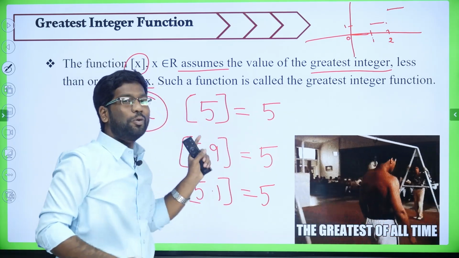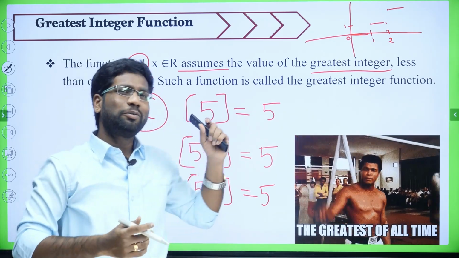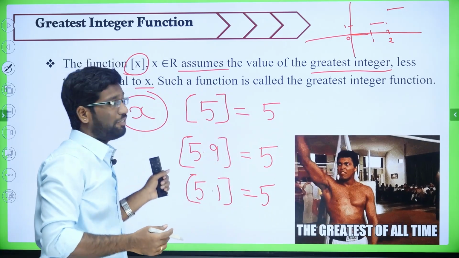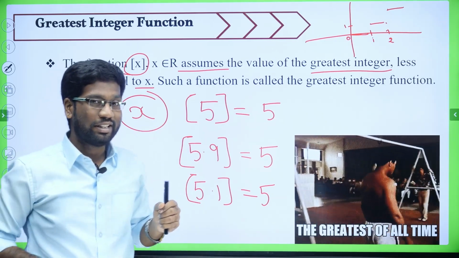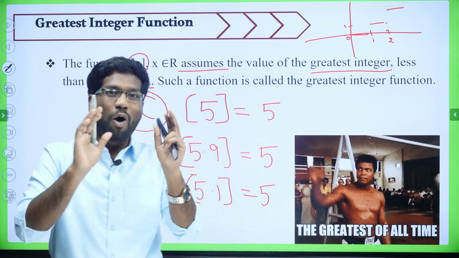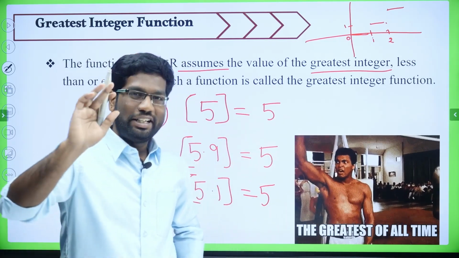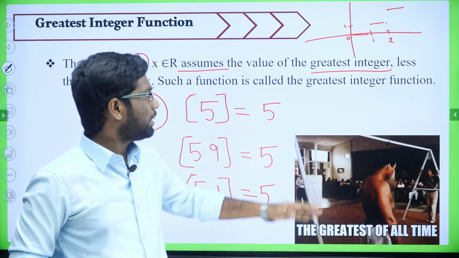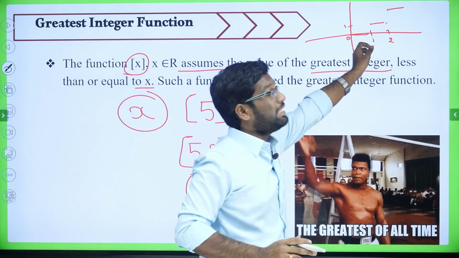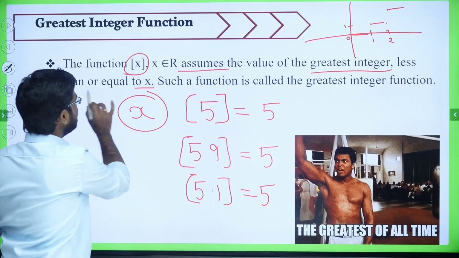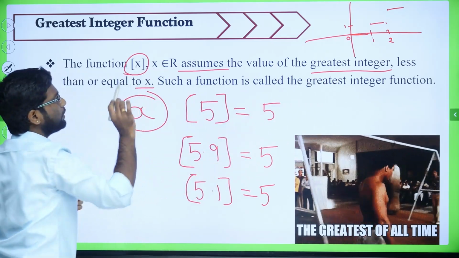I don't know who coined this name, but these are very important in calculus, particularly functions. They fixed that the greatest integer function means we have to take the left side value, the integer less than or equal to x.